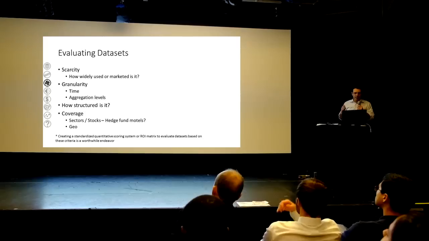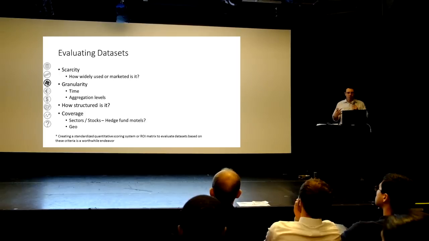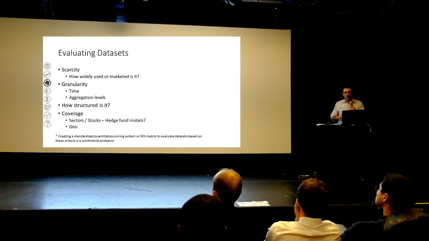When you buy a data set, I think of a data set on a few different dimensions. You've got scarcity. How actively is it marketed to Wall Street? You've got granularity. What level of detail does it fall into? Is there user level info, or what time frequency does it fall into? You've got structured. How structured or unstructured the data is.